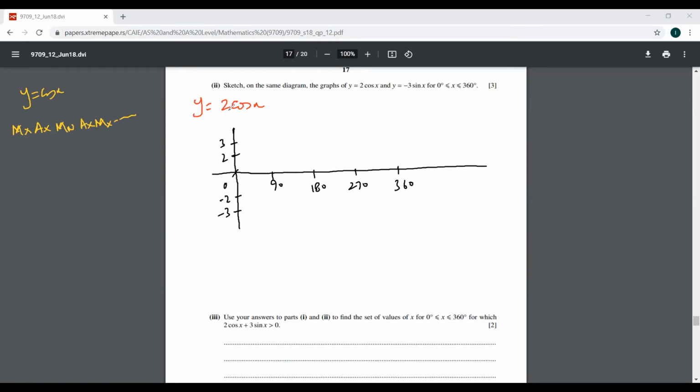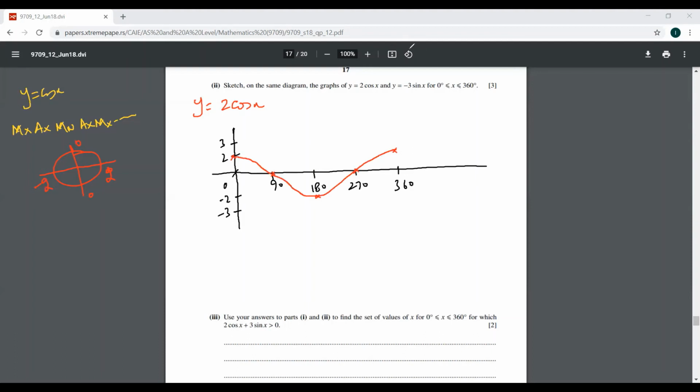Since this is 2 cos x, cos 0 is going to be 2. This is 0. This is minus 2. And this one is going to be 0. So this is maximum, axis, minimum, axis, and here is the maximum. That is how you will have the graph for y equals 2 cos x.